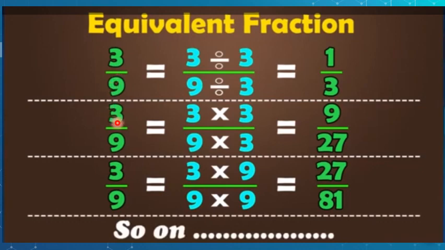Then we multiply the numerator and denominator of 3 by 9 by 3, the same number, and we get 9 by 27. And then we multiply the numerator and denominator by 9, the same number, and we get 27 by 81.